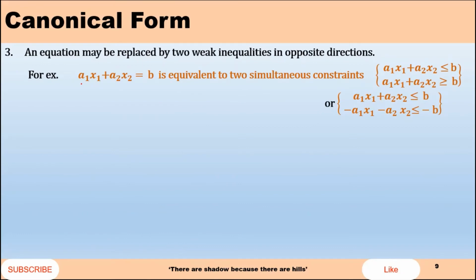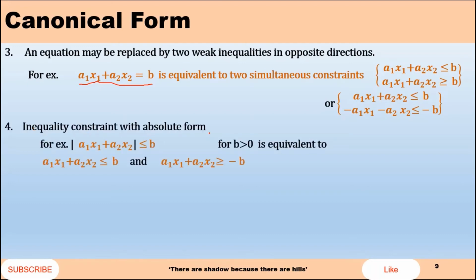For example, if the constraint is the equation a1x1 plus a2x2 equal to b, it is equivalent to a1x1 plus a2x2 less than or equal to b and a1x1 plus a2x2 greater than or equal to b. Again, the greater than or equal to type constraint can be converted into less than or equal to type by multiplying by minus 1 on both sides of the inequality.